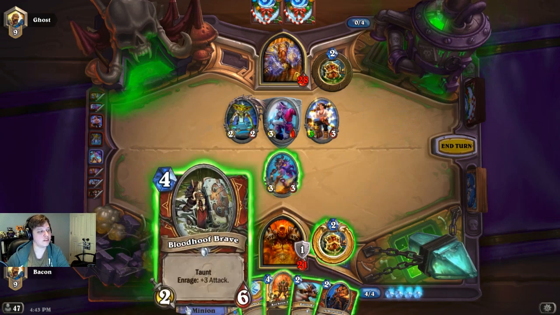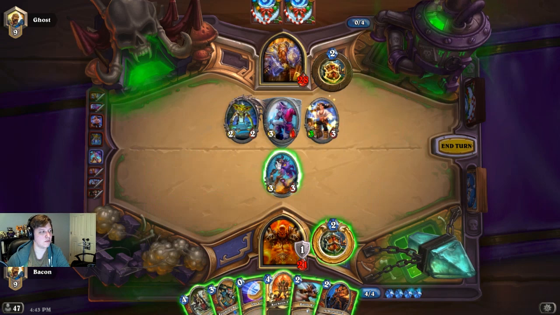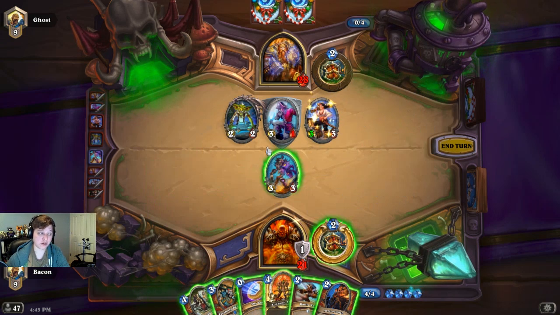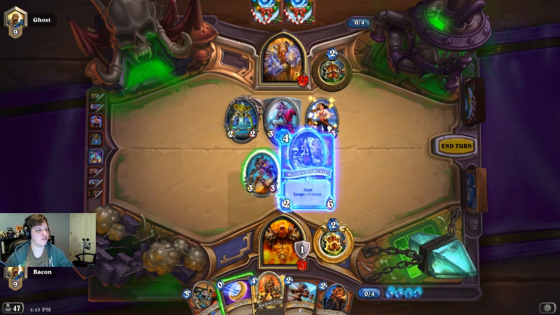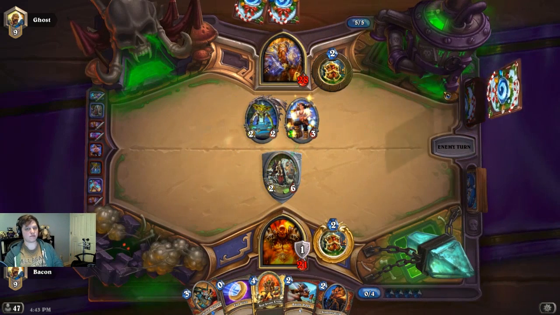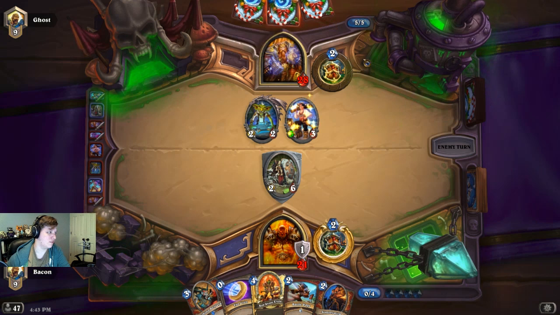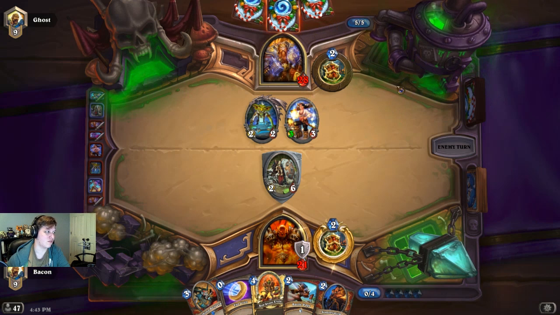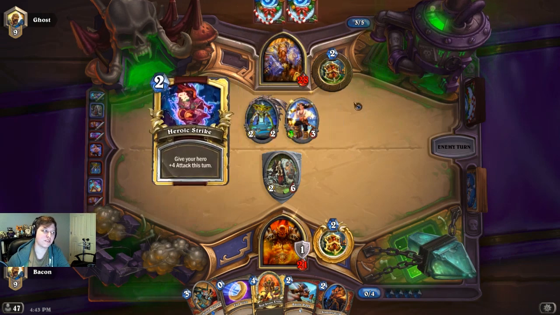Because the Corcoran Elite would get a great trade into here. You take it down to 2 health, trade in the Hobart, and then you can continue to go face with this while keeping a 4/1 alive. But since we think that they don't have that Corcoran Elite, we feel a lot safer just throwing this down. So this would still be a situation where their best play is Corcoran Elite. Or possibly Arcanite Reaper. That's their second best play.